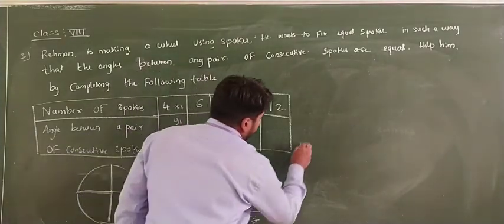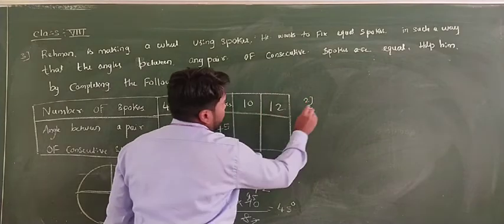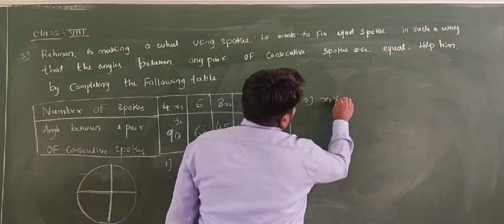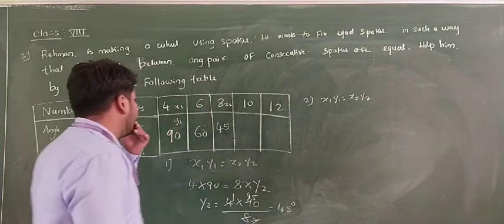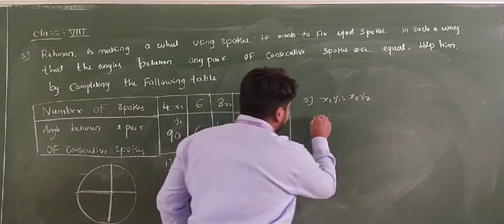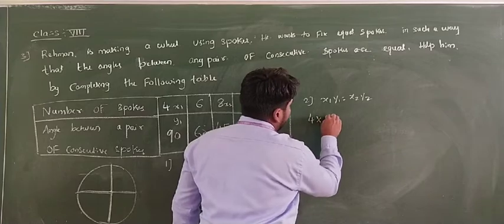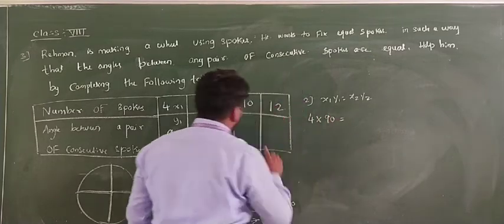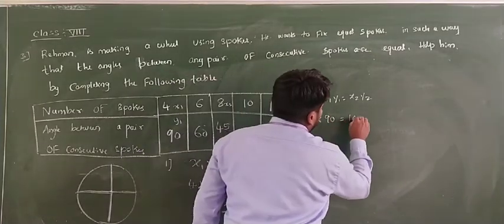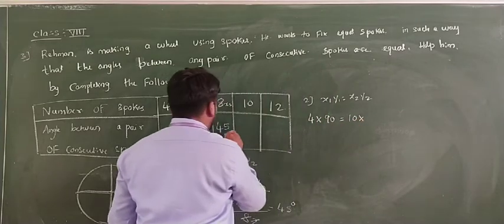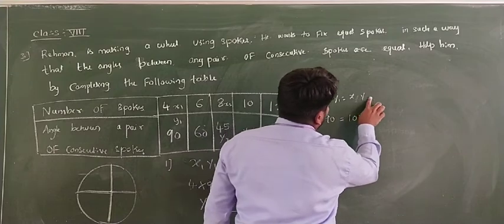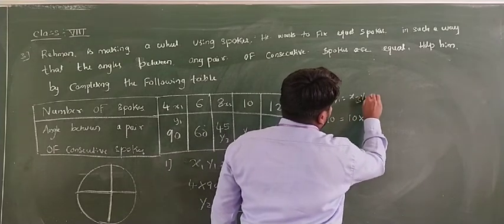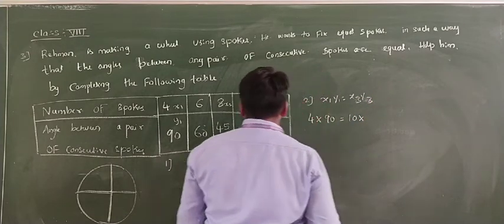So see here, go for the second one. That is x1 y1 is equal to x2 y2. Here x1 y1 is again 4 into 90, which is equal to x2, your 10, into y2. I will change this formula to x3 y3, so 10 into y3.